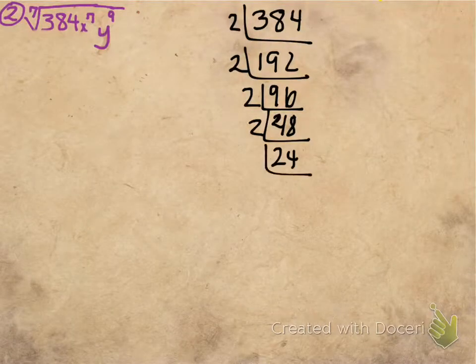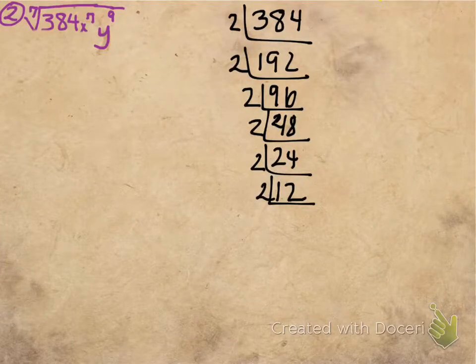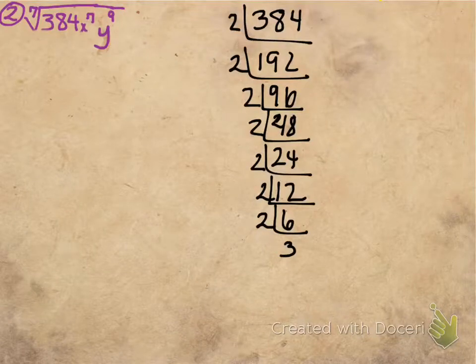And that can divide by 2, leaving us with 12. And that can divide by 2, and leaves us with 6. And that can divide by 2, leaves us 3. And so it kind of gives a clue that we're going to have a lot of the same number because it had a 7th power, or 7th index, excuse me.